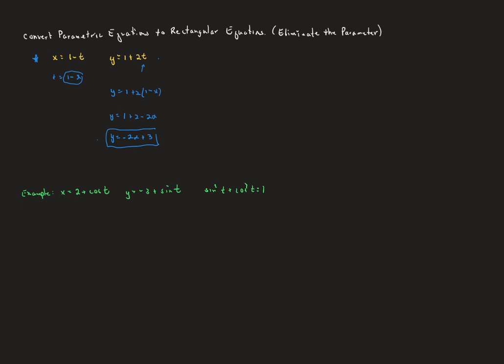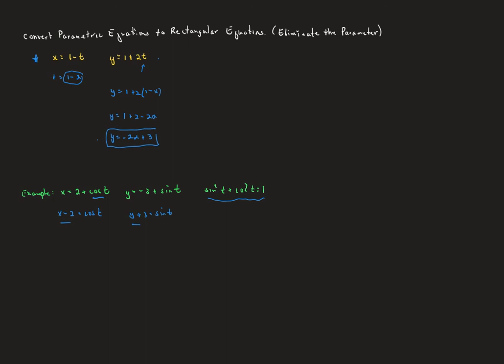Let's see what that looks like. So I'm going to solve for the cosine t. So first we'll subtract the 2 over, and I guess that's going to do the trick. And similarly, I'm going to add the 3 over here to get sine of t. Now we can plug those in to our identity, sine squared plus cosine squared is equal to 1.